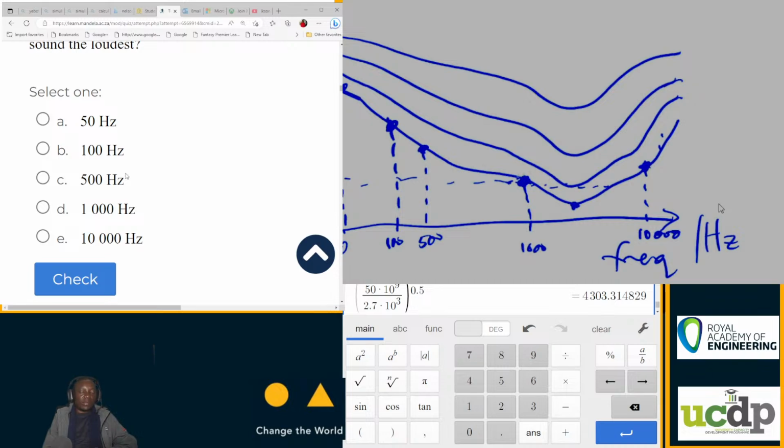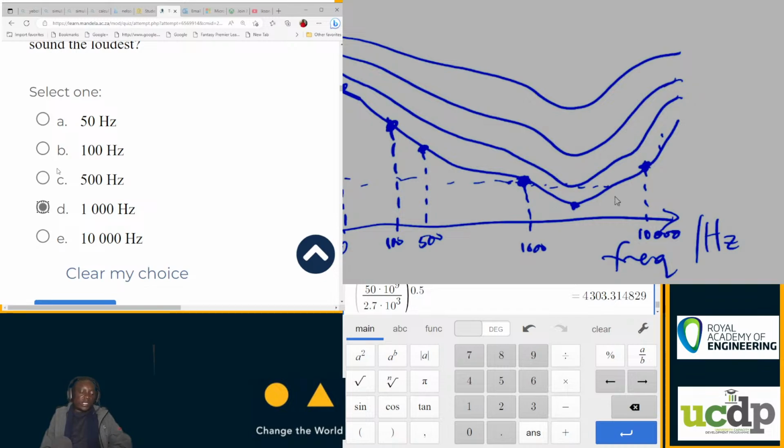Given the same 30 watts energy, a frequency at 1,000 hertz would sound louder than all these other points. That's the understanding. So our choice there would be D.